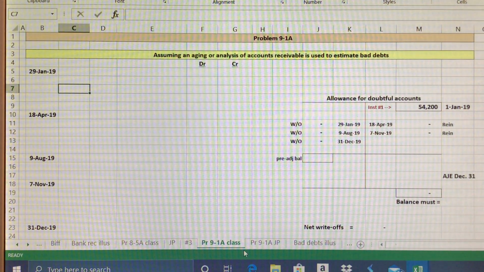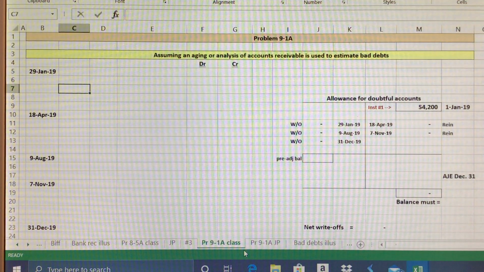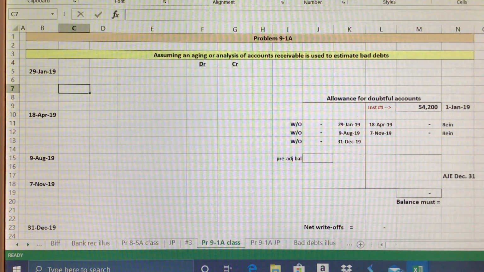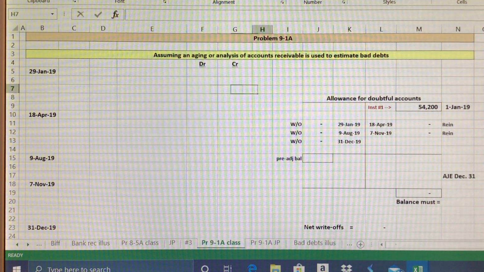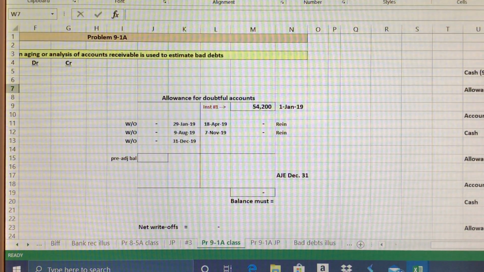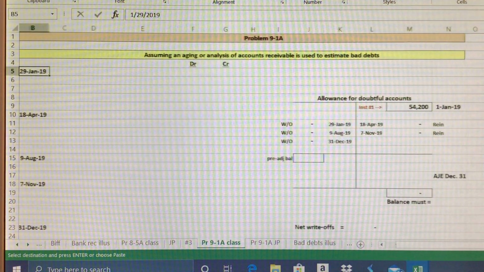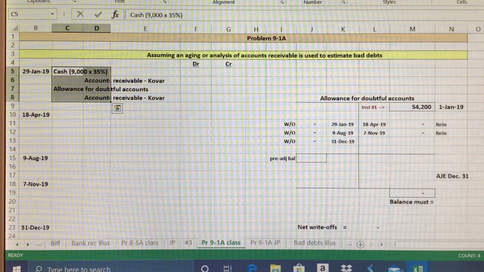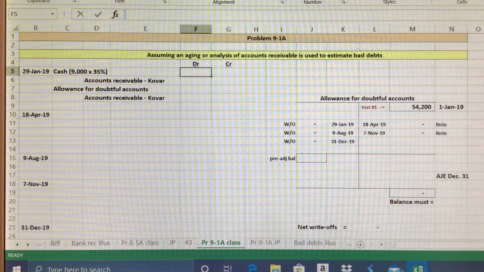So what do we do? Well, first of all, we collect the money. How much money are we going to collect? And I have the account titles to the right here, again, so you don't have to watch me fumbling about. So these are going to be our 2 entries here. First of all, it's a collection of X amount of dollars, and then it's a write-off of the remainder. All right, so we collected 9,000 times 35%, 3,150.